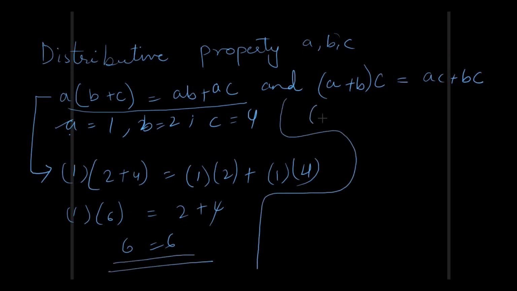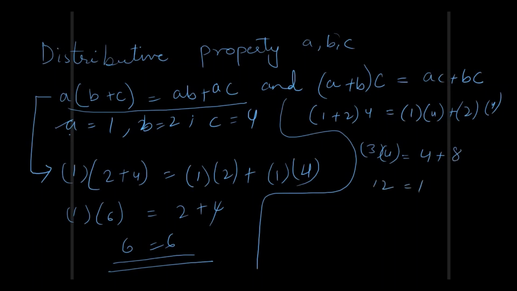A is 1 plus 2, into C is 4, equal to 1 times 4 plus B is 2 and C is again 4. So 3 into 4 equal to 4 plus 8. 3 4s are 12 equal to 12. So the real numbers satisfy both the distributive properties.